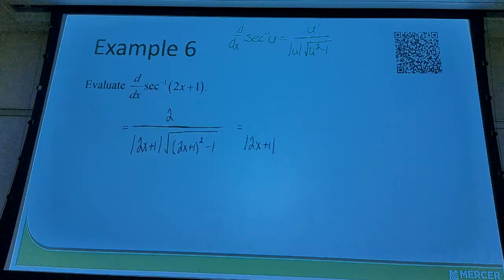Nothing I can do with that absolute value. You want 4x squared plus 4x plus 2? No. 1 minus 1 is 0. You can take down 4.